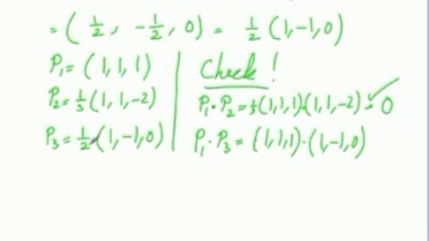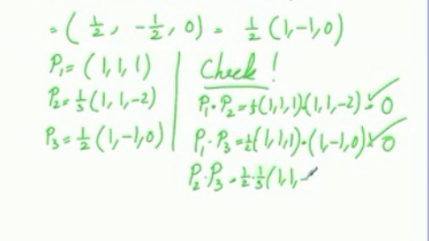There's a factor of 1/2 in front of it, but that doesn't count either. When you multiply, what do you get? 0. And P2, P3, you have 1/3 and 1/2. Again, they don't count. 1, 1, minus 2 dotted with 1, minus 1, 0. That's again 0. So you make sure that you check your stuff.